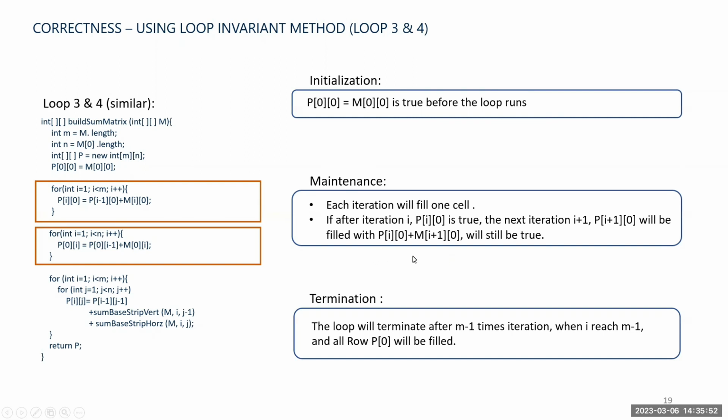If after iteration i, Pi0 is true, then at the next iteration i plus 1, P[i plus 1][0] will be filled with Pi0 plus M[i plus 1][0], which will still be true. Termination: the loop will terminate after m minus 1 iterations, when i reaches m minus 1 and the whole row P0 will be filled. The similar idea applies for loop 4.